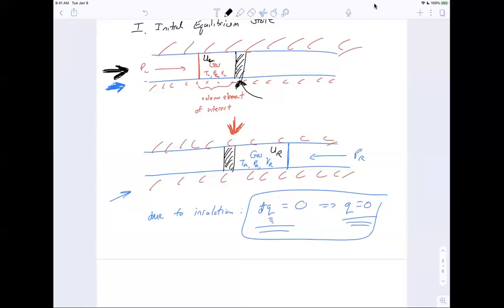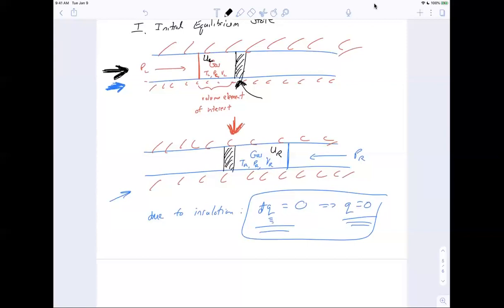But dq is 0 because of the insulation. And so over the whole process, if any differential amount of heat interaction is 0, then the total heat interaction over the whole process, Q, has to be 0 as well. And this is going to be important in our analysis. Okay. So I hope everyone took some time to understand that.